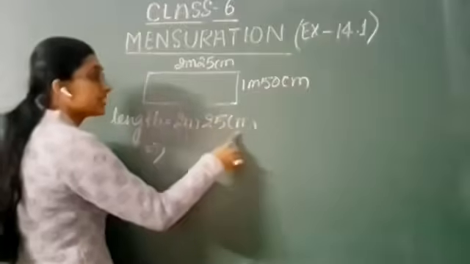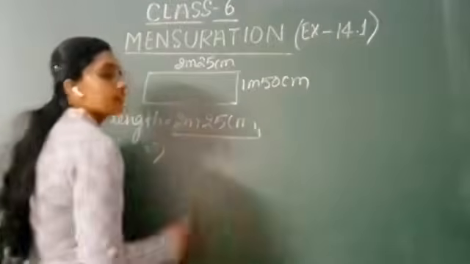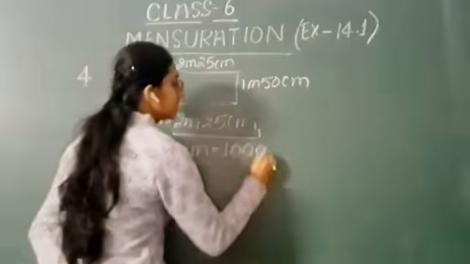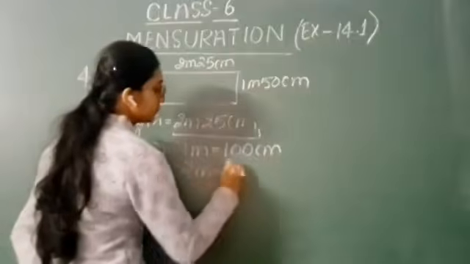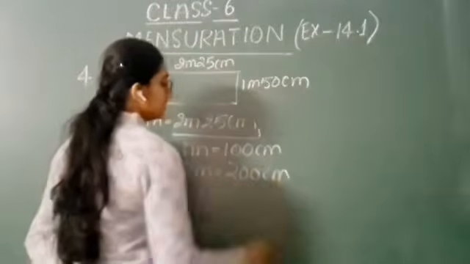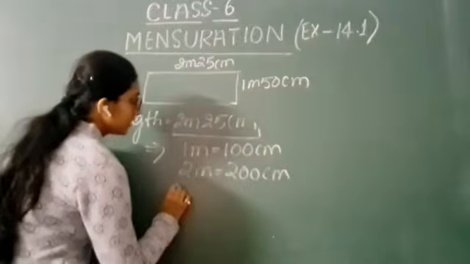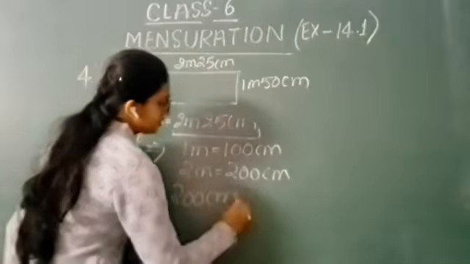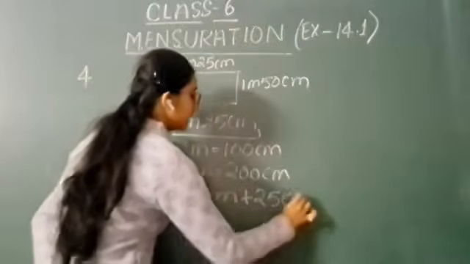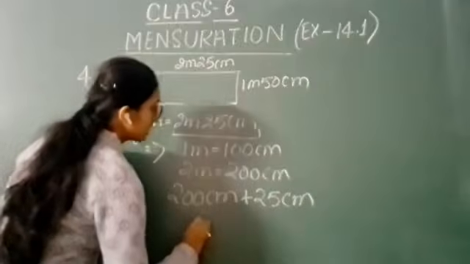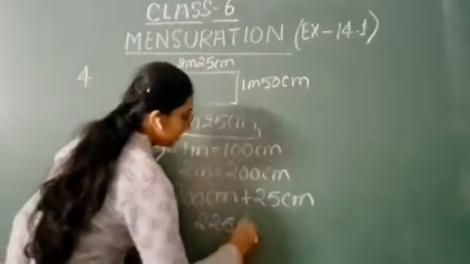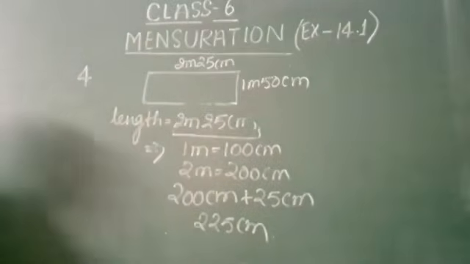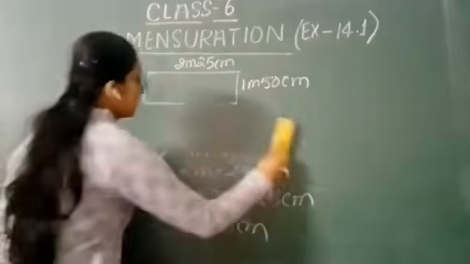Meter is given, centimeter is given. So this whole we have to convert into centimeter. We know that 1 meter is equal to 100 centimeter, then 2 meter is equal to 200 centimeter. And here it is given 2 meter 25 centimeter, so we can write it 200 centimeter plus 25 centimeter. We get the length that is equal to 225 centimeter. Write it down. Then we have to find the breadth.